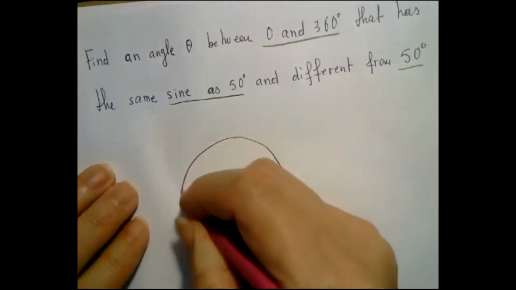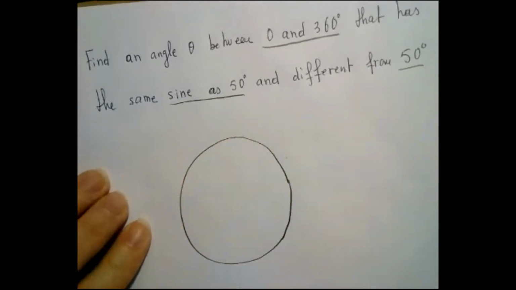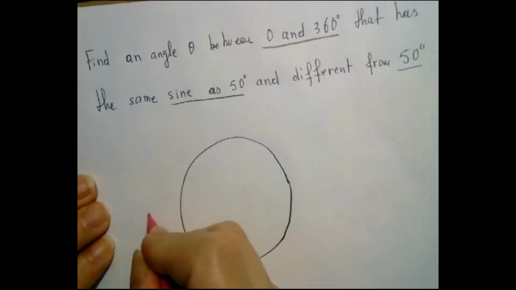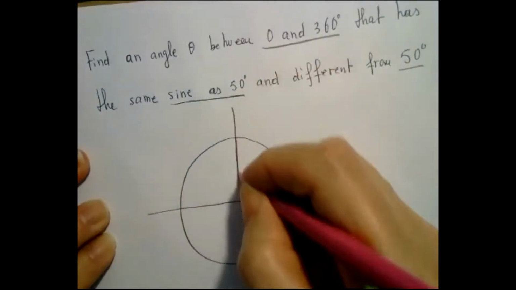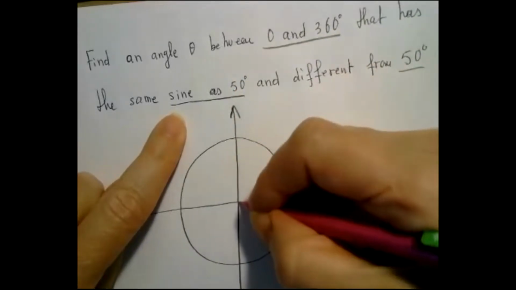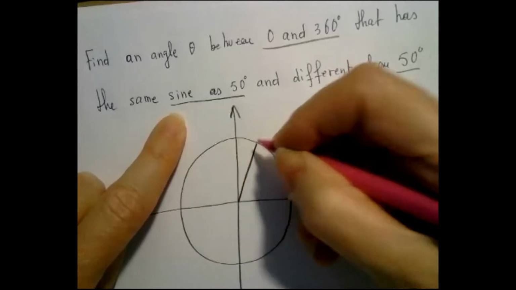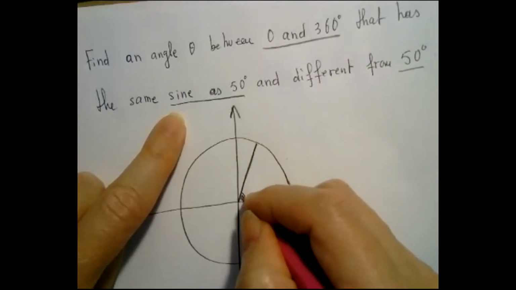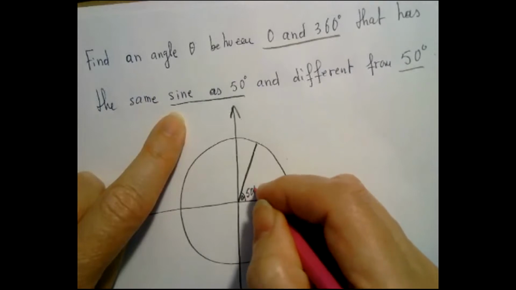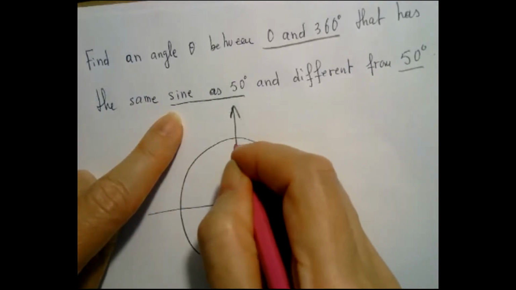So always the unit circle. As you realize, everything really boils down to the unit circle. And this is my unit circle. 50 degrees is somewhere in here. That's my 50 degrees, and the sine is right there.